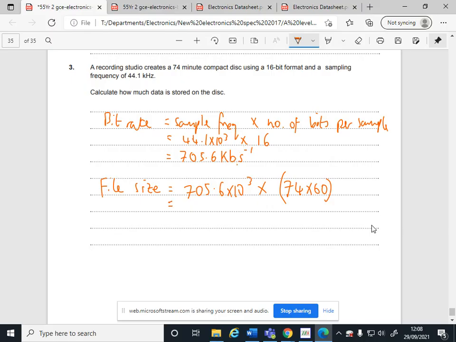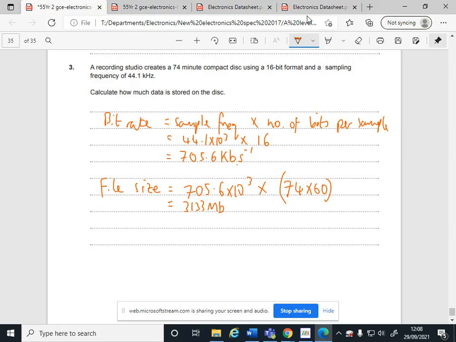That should equal 3133, and it's in mega. Convert it to mega. Calculator will do that, megabytes or megabits. That's your file size. So it's 3,133 megabytes. Just going to double check.